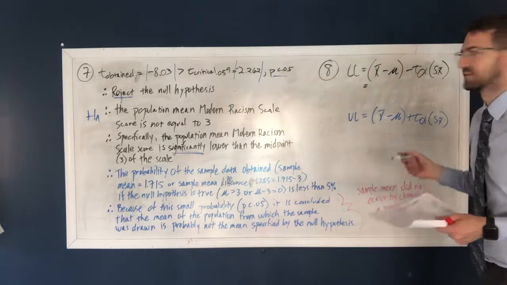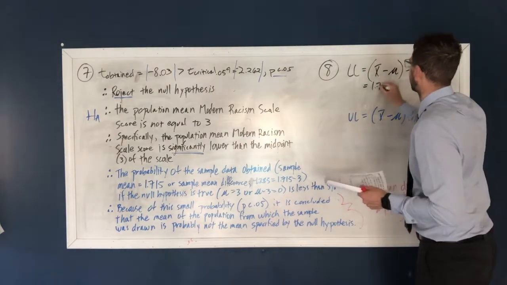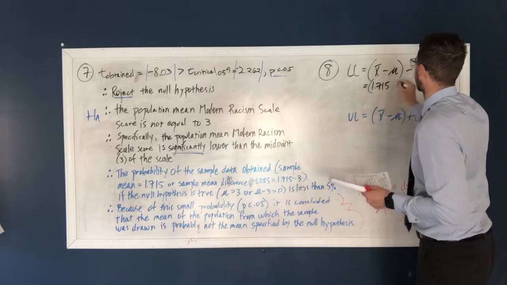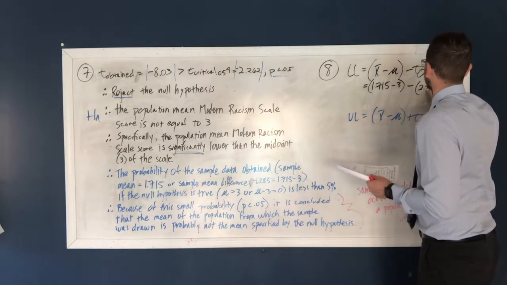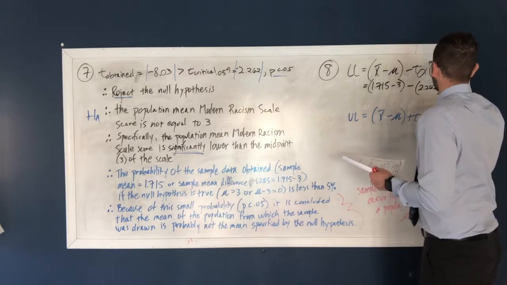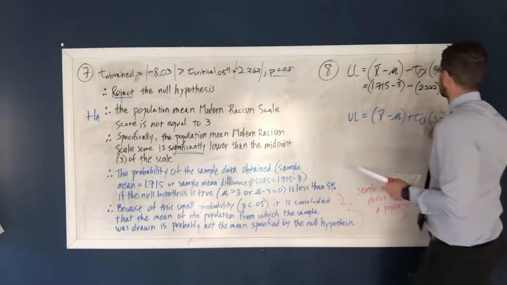Okay, so the sample mean we got is 1.715, right, minus 3, then minus that critical value, which is 2.262, multiplied by 0.15.